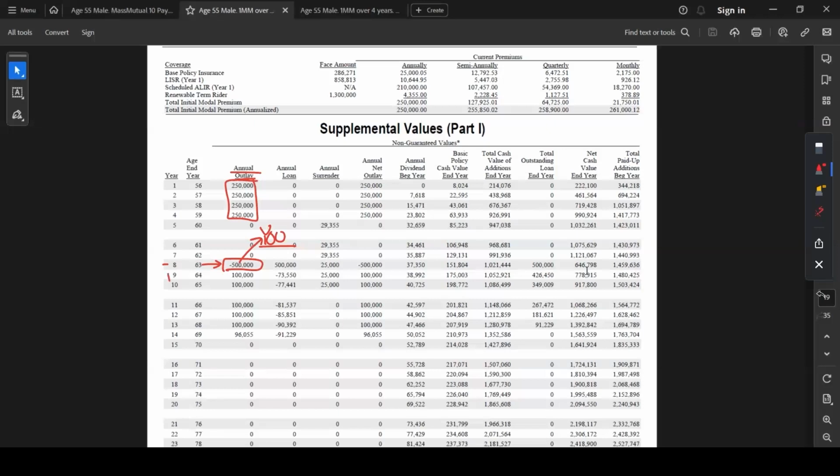Now, after that, what do we see in the annual outlay column? 100K per year, and the last year is $96,000 and change. What this represents are the loan repayments.